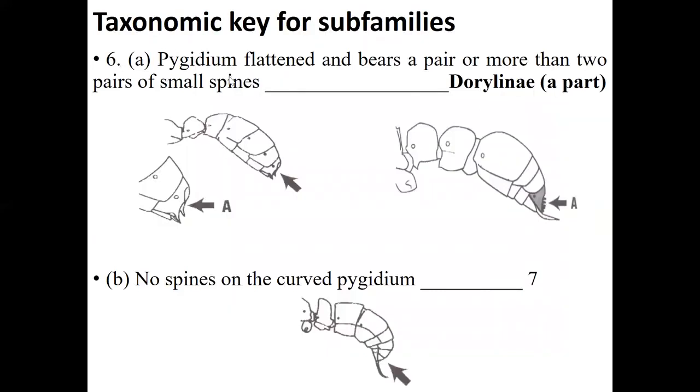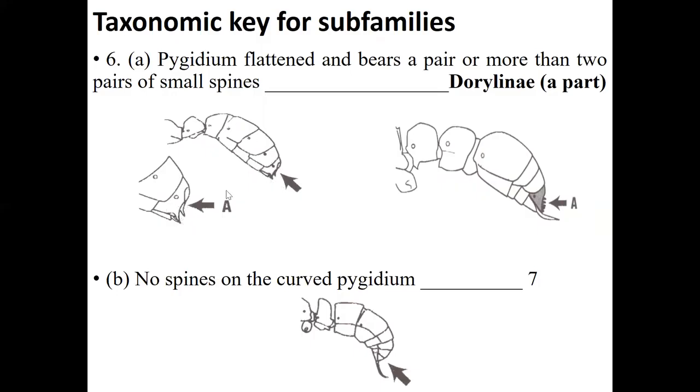Okay, number 6: pygidium flattened and bearing a pair or more than two pairs of small spines. This one shows the gaster. This is the posterior part of the gaster, where you see a pair of small spines, 1, 2.